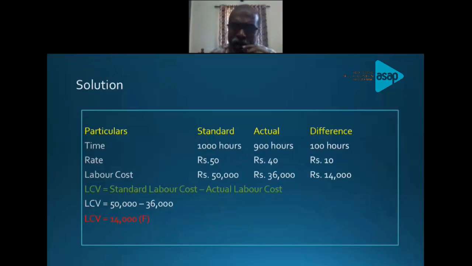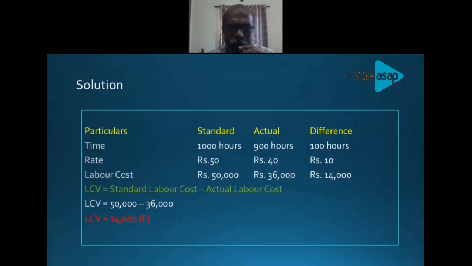The first reason for labor cost variance is the difference between standard labor time fixed and the actual labor time taken. Here it is 100 hours. Definitely it will create some changes in the labor cost.